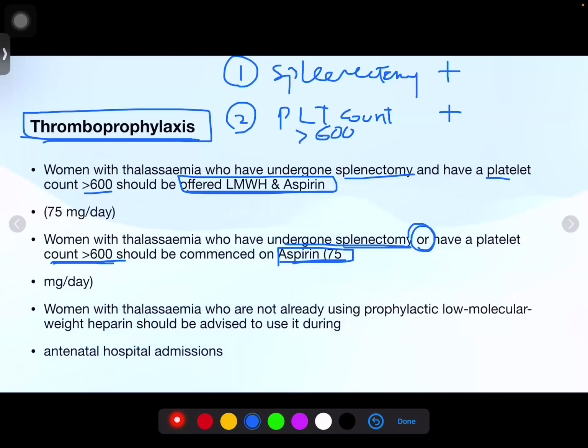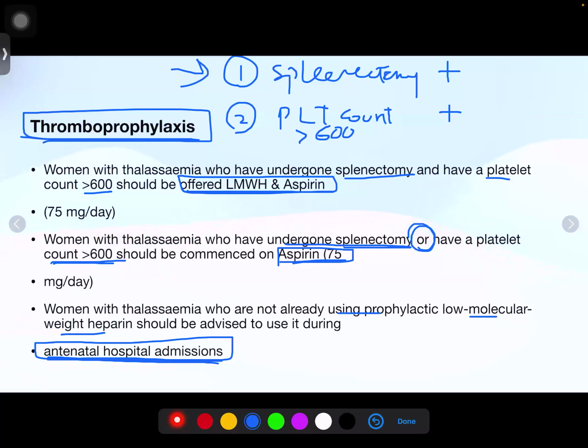Now, women with thalassemia who are not already using prophylactic low molecular weight heparin should be advised to use it during antenatal hospital admissions. Now, whenever there are hospital admissions in high risk pregnancies, they actually advise thromboprophylaxis.